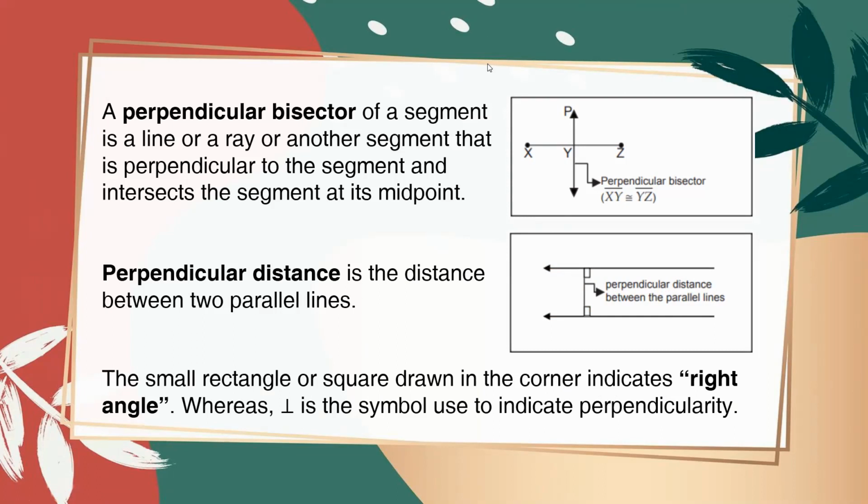This small rectangle is drawn in the corner and indicates the right angle. This one and this one. Example, this is a right angle. When we see a small rectangle or a square, it is a right angle.